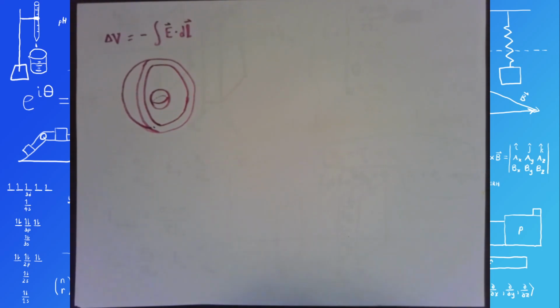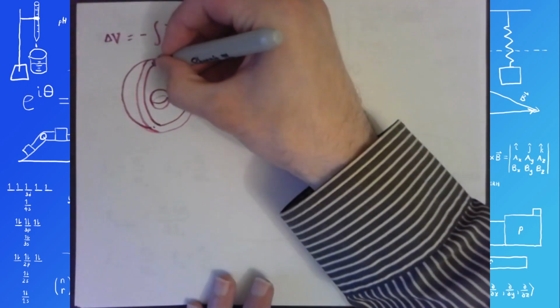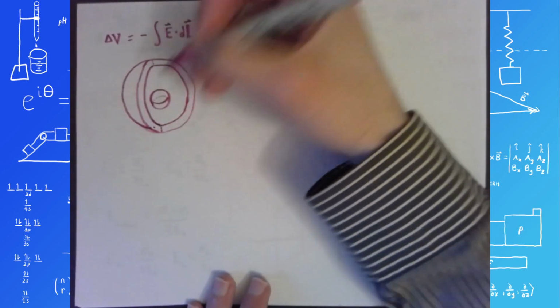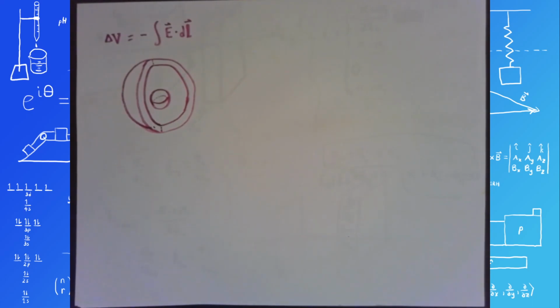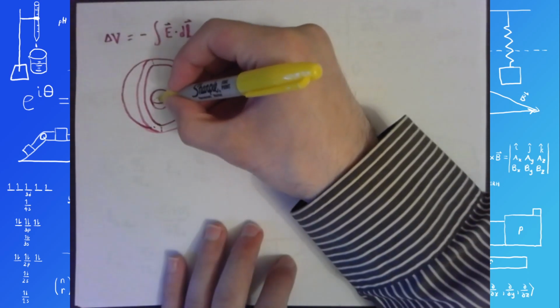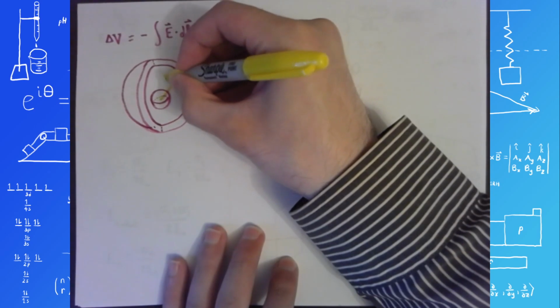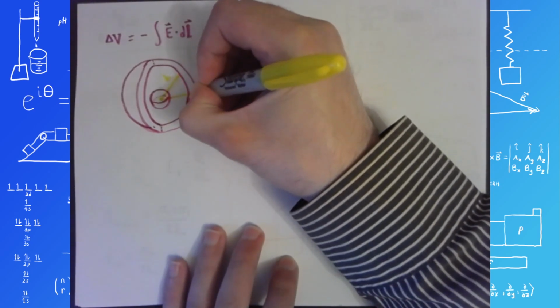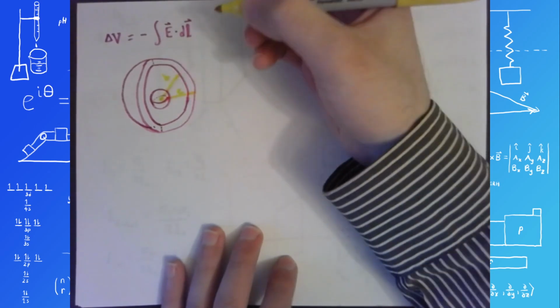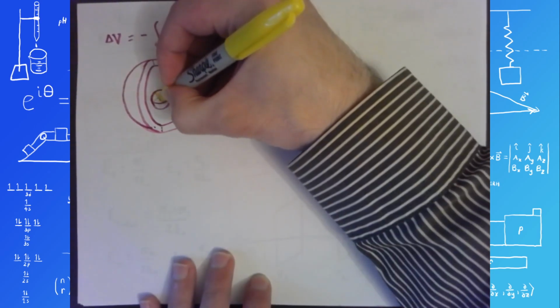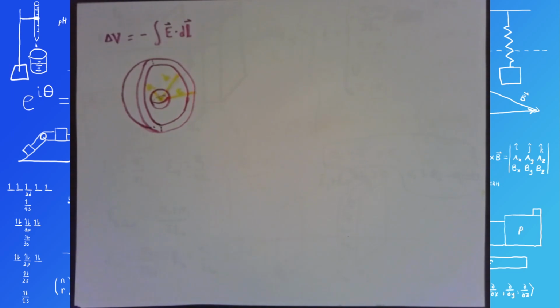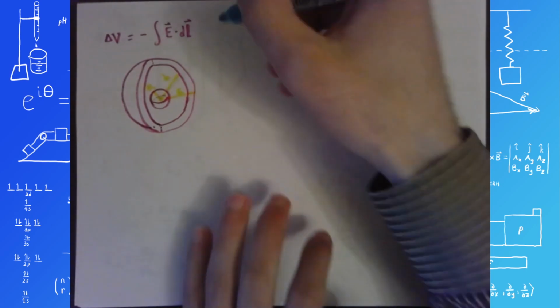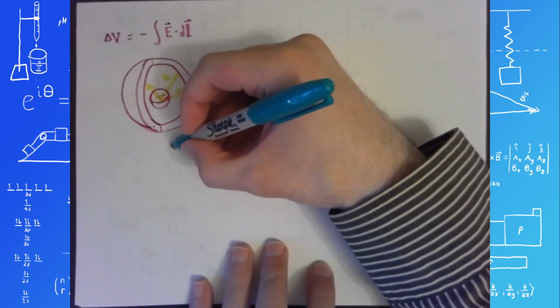So we have a spherical shell with inner radius B and outer radius C. That's going to be B, and that's going to be C. And then the radius of the insulator is equal to A. And they tell us that the inner sphere has a uniform charge density rho.